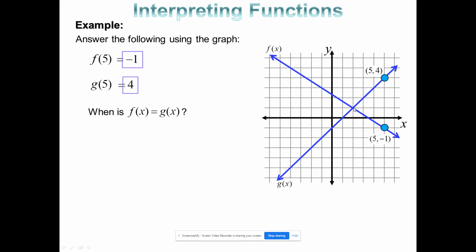Well, that's where they intersect. So here at 2, when x equals 2, they have the same output of 1. So the only thing we care about is the x value. So that's at x equals 2.